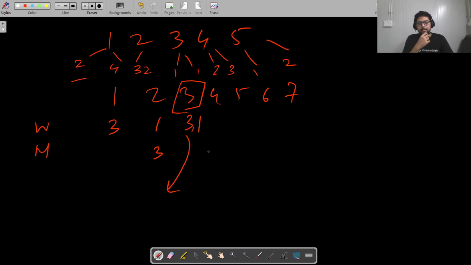Just by looking at this, we have an approach in which we maintain 2 sets. One will be the work set and one will be the maintenance set.